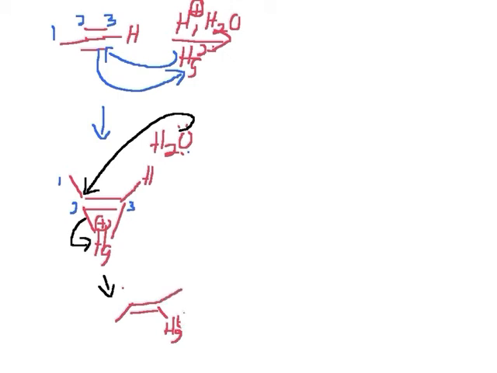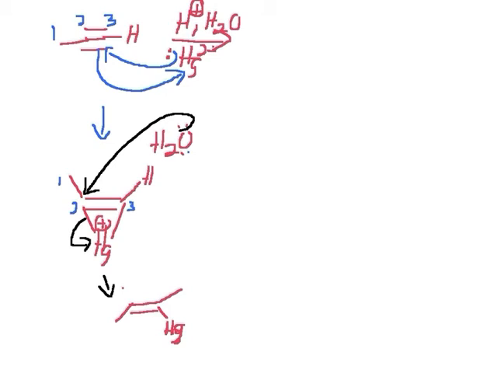Actually, does Hg have a positive charge when it's got 2 bonds? It doesn't now. There it did, because remember, it's also donating a lone pair back in that first step.